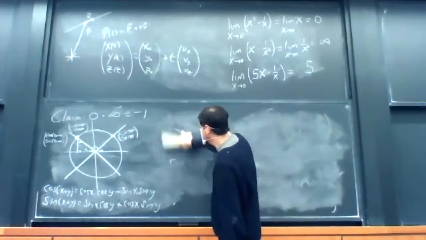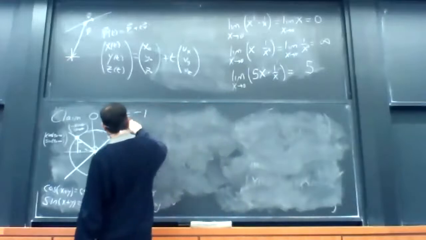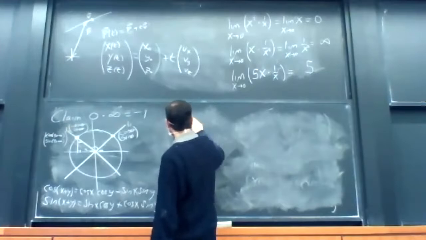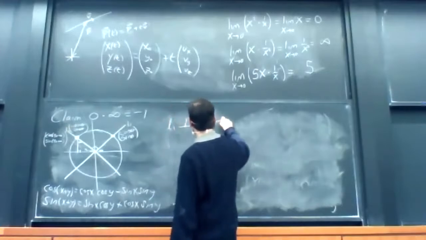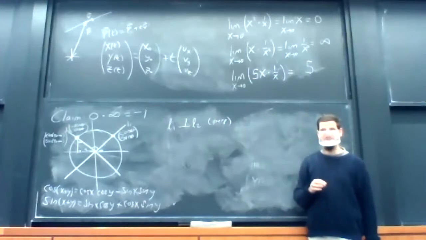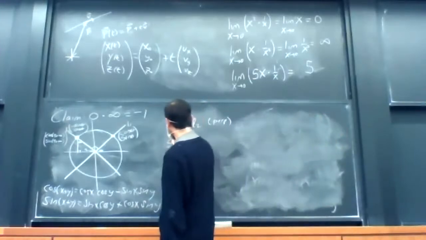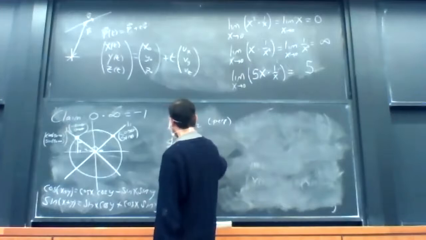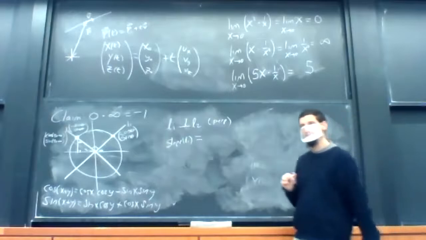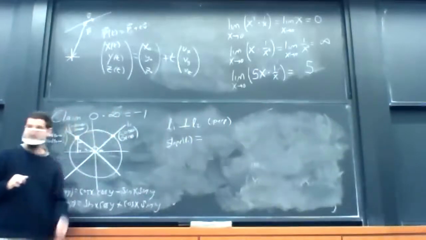All right, so we have two perpendicular lines. I'll call this line L1, I'll call this L2. L1 is perpendicular to L2. Do people remember that symbol for perpendicular? So what is the slope of L1? So what's the slope of the first line?